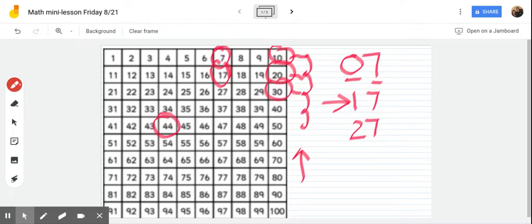If I start on 44, that means there are 4 tens and 4 ones. If I just want to subtract 10, then all I have to do is take this 4 and make it a 3, because I'm subtracting one group of 10, and I'm keeping the ones place the same.